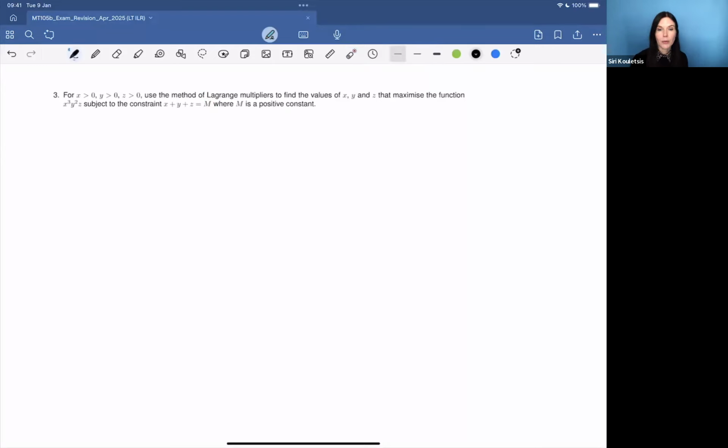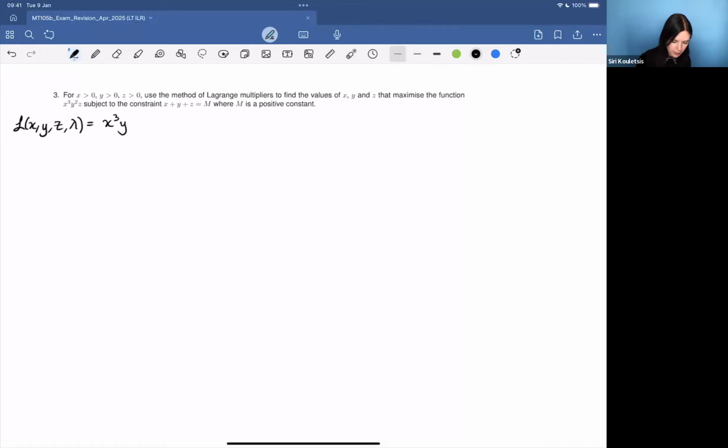The first thing we need to do is to write down the Lagrangian function. Now here, you remember this, of course, from Maths 1. But now we just have one more variable here. So the Lagrangian is a function of x, y, z, and lambda.